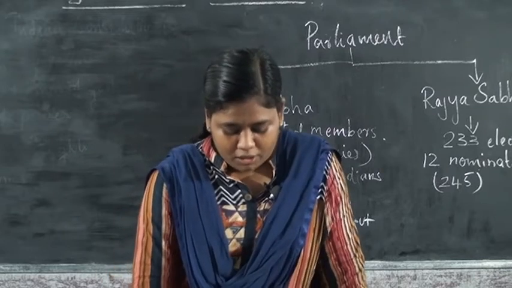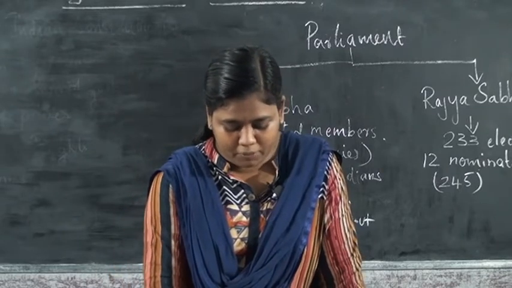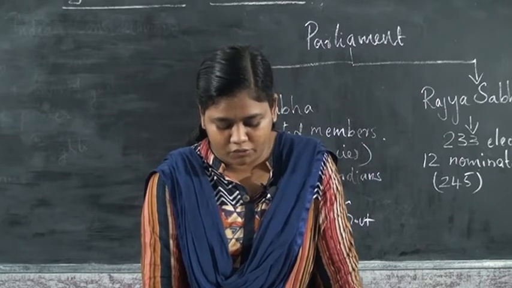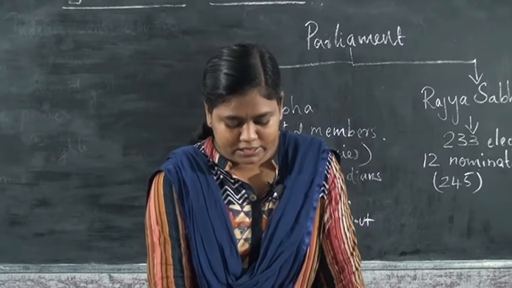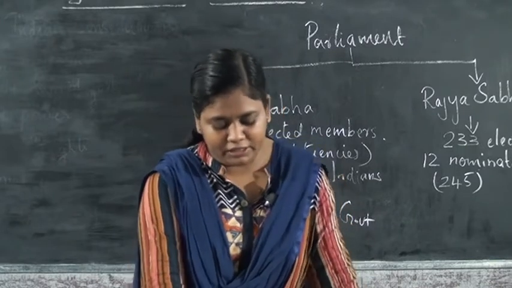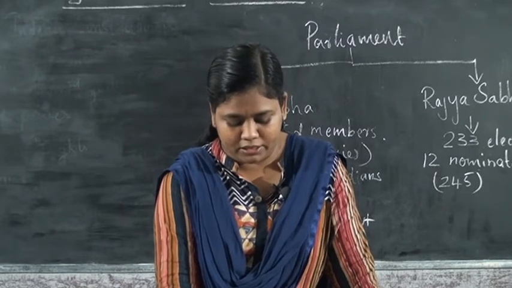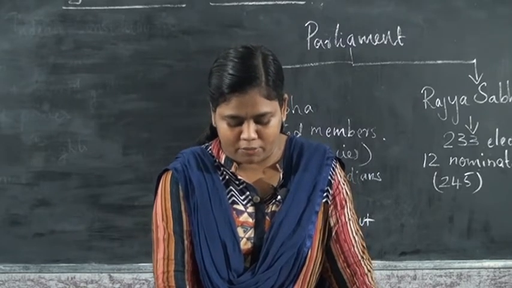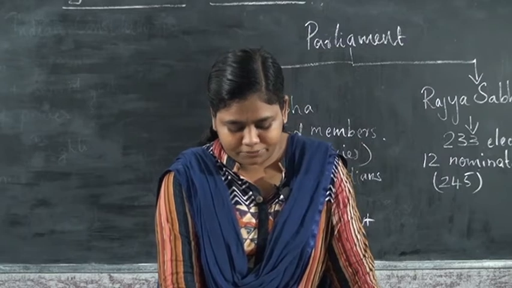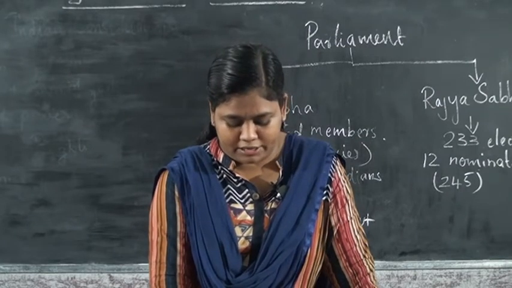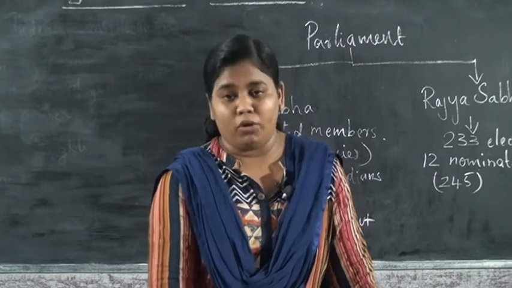For the political party to form the government, they must have a majority of elected MPs. Since there are 543 elected plus 2 Anglo-Indian nominated members in Lok Sabha, to have a majority, a party should have at least half of the number, 272 members or more.